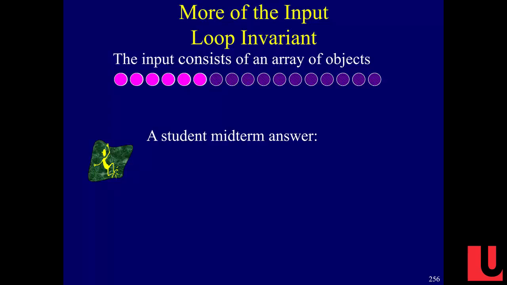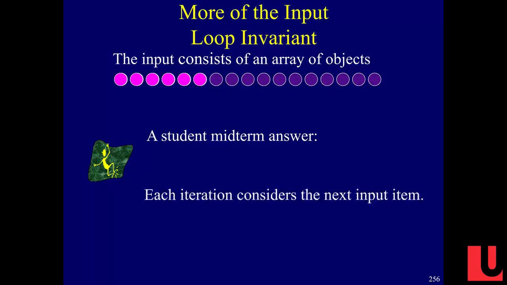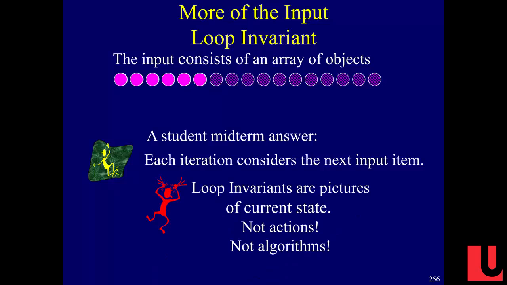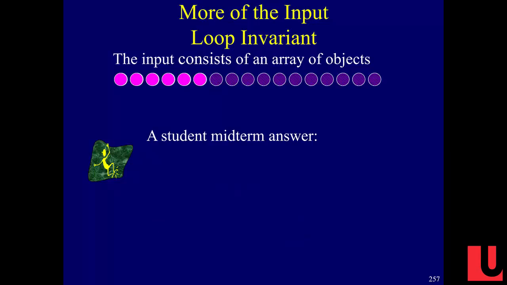All right, so some answers that I've gotten from midterms are: each iteration considers the next input. Is that a good loop invariant? No, remember that's an action. It tells me what I do each iteration. It doesn't tell me what my loop invariant is.